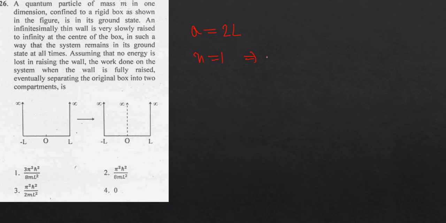So energy E1 will be equal to n square pi square h cross square upon 2m (2L) square, so pi square h cross square upon 8mL square initially in the ground state. Now an infinitesimally thin wall is very slowly raised to infinity at the center of the box in such a way that the system remains in ground state at all times.